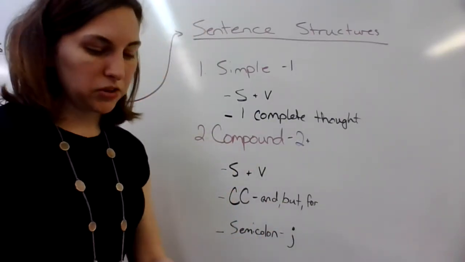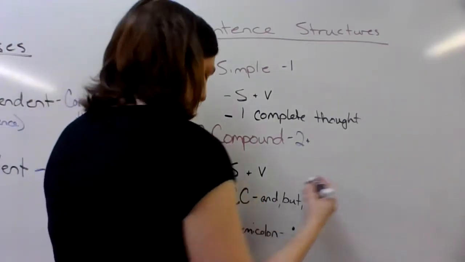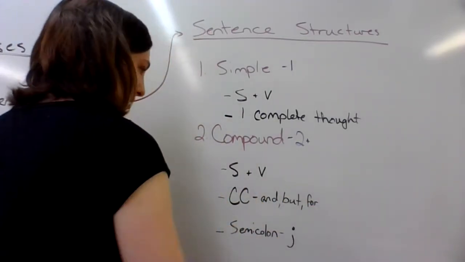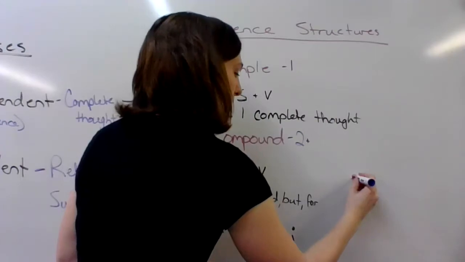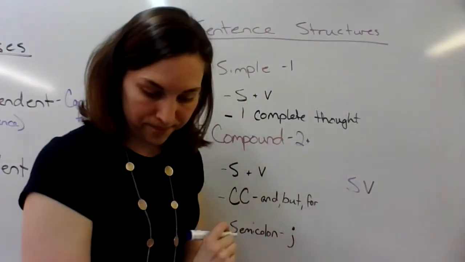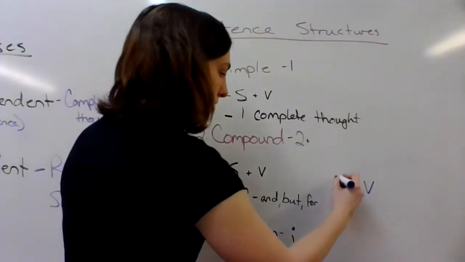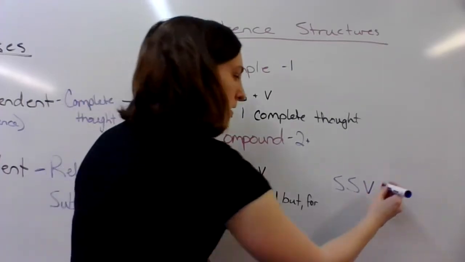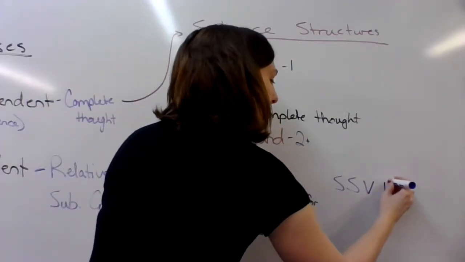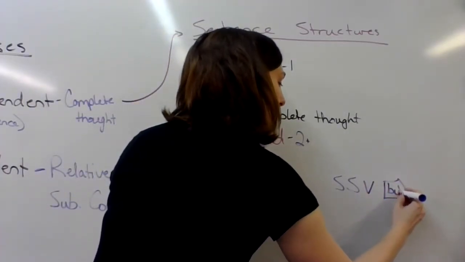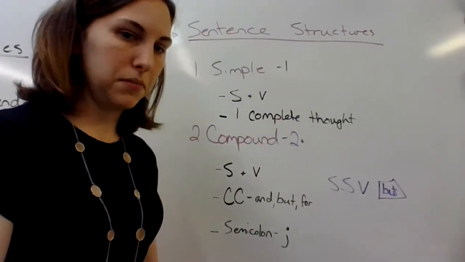So here's what you're supposed to do in the little blank right there. Use a different color. We've got subject and verb on one side. 2 subjects. Pepperoni, sausage, are. We've got the coordinating conjunction. It's supposed to be a box. It's not a very straight box, sorry.